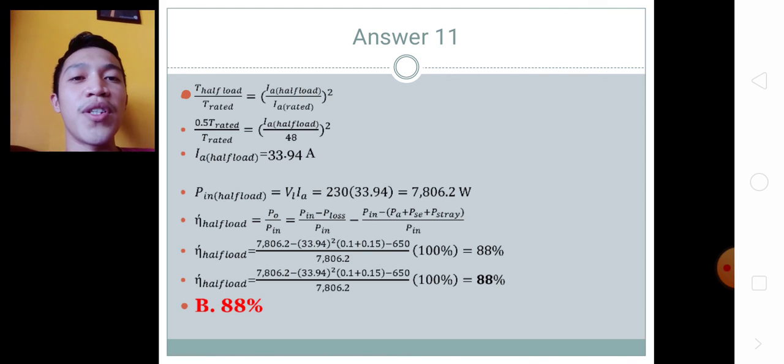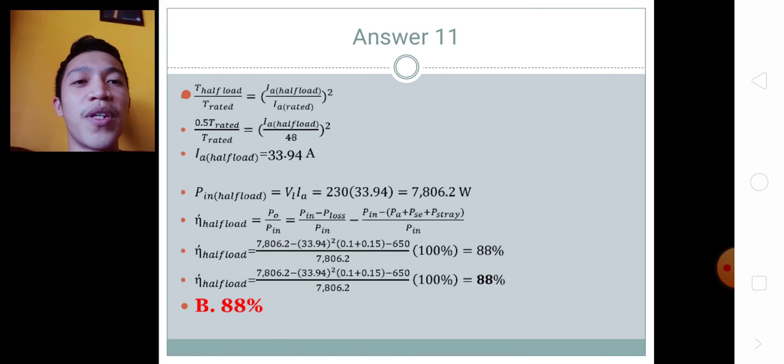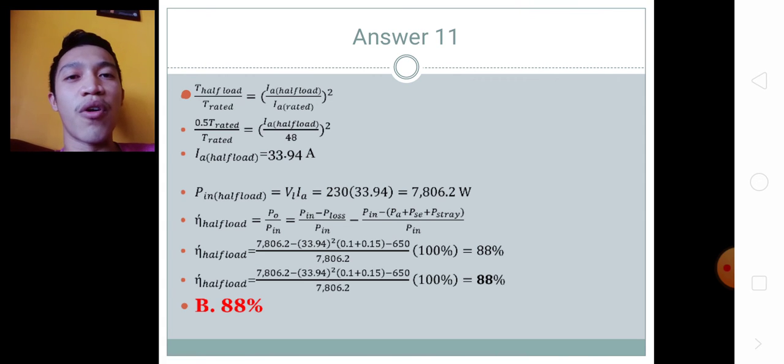Now for our efficiency at half load, we have the formula P output over P input, which is also equal to P input minus the power loss minus the core and friction power losses, over the input power.